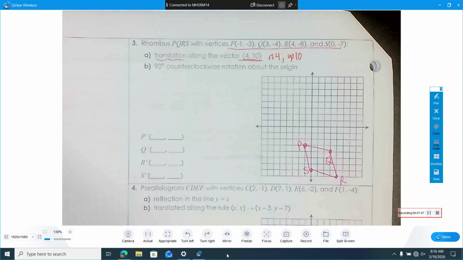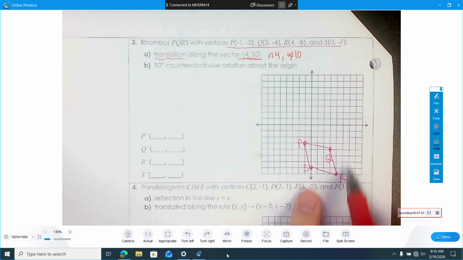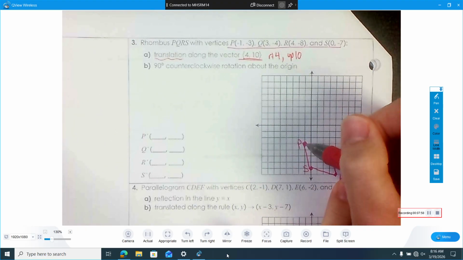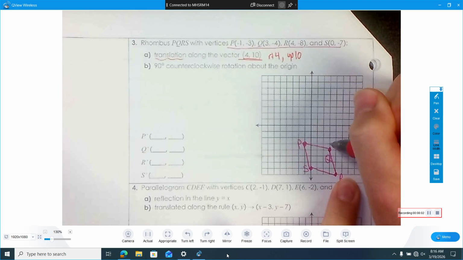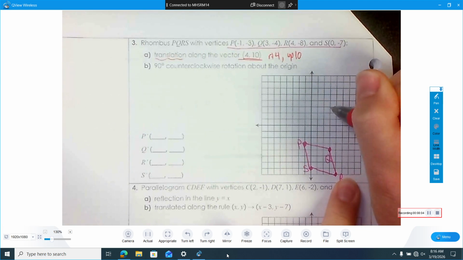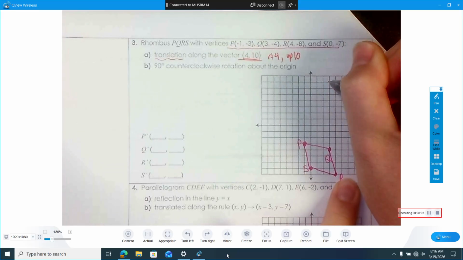So again, it's just X and Y, horizontal or vertical movement, all right? If it's positive, it goes to the right. If it's positive, it goes up, all right? So we're going to take our rhombus PQRS and go right 4 up 10. So I'm just counting. 1, 2, 3, 4 to the right. Up 10. 1, 2, 3, 4, 5, 6, 7, 8, 9, 10.